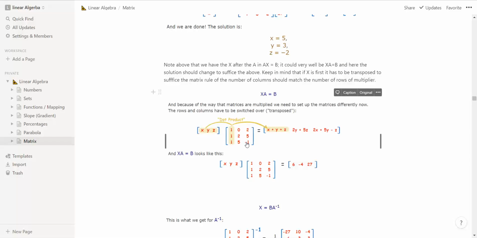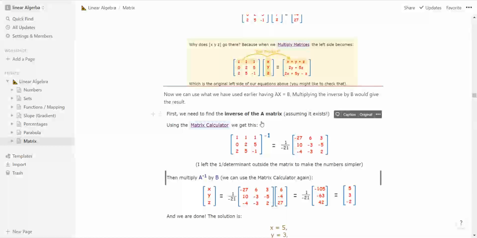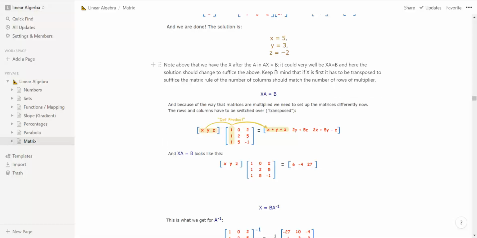Now above that we have the x after the A, but if it was the other way around, the solution should change to suffice the above. Keep in mind that if x is first, it has to be transposed to suffice the matrix rule that the number of columns should match the number of rows of the multiplier.